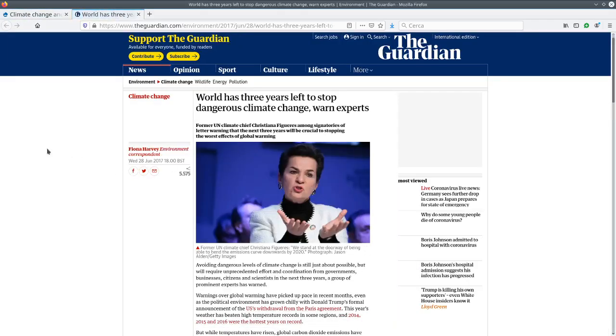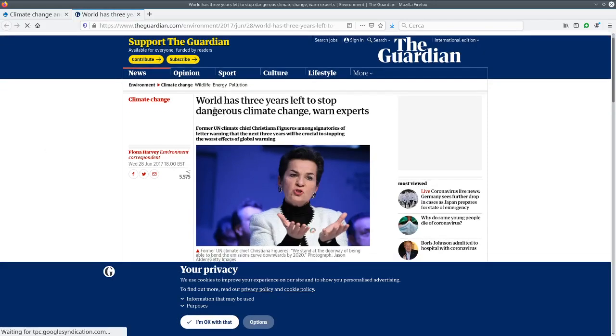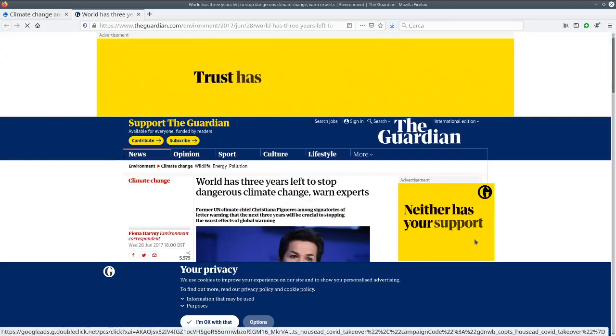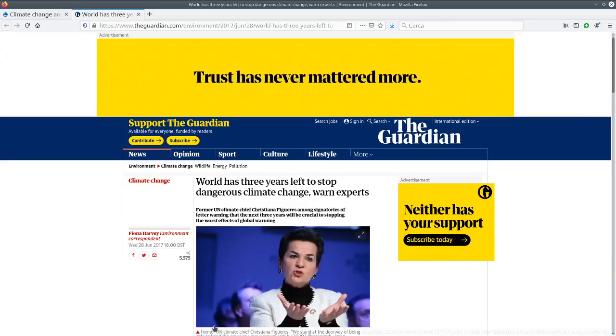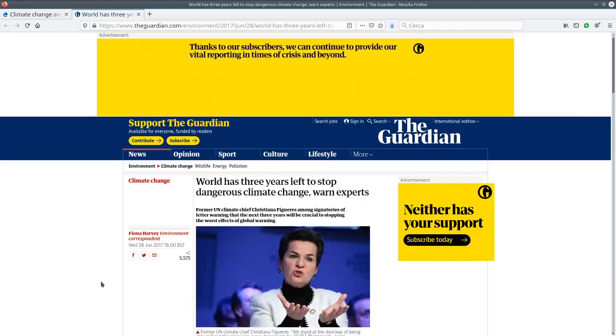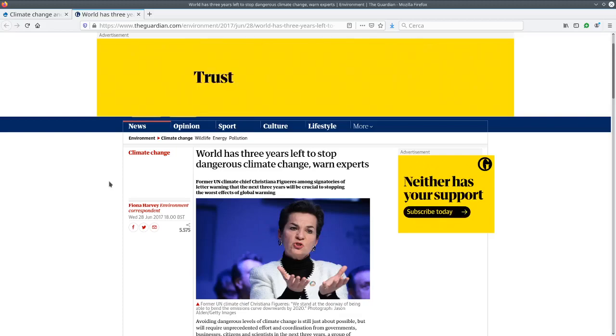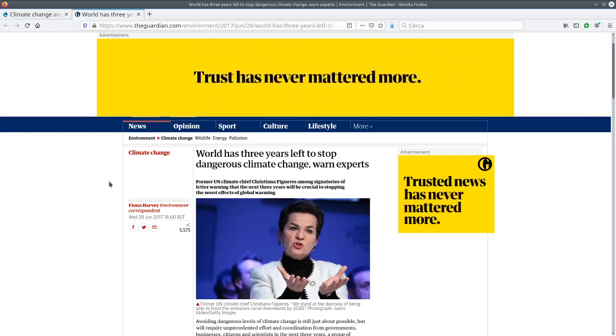This is quite old, it's 2017, and it was stated that the world has 3 years left to stop dangerous climate change. I think these are excessive. These are too much. On the other hand, there is the feeling that if you don't exaggerate, people don't get it. And this is another element that is strongly discussed.